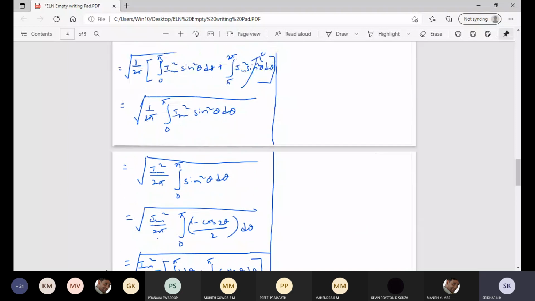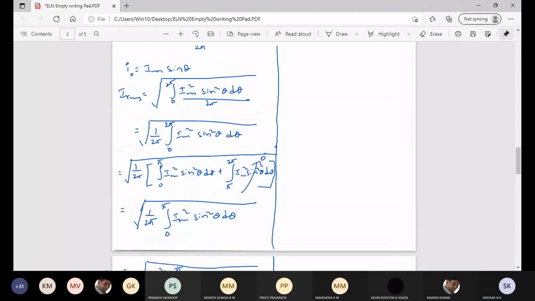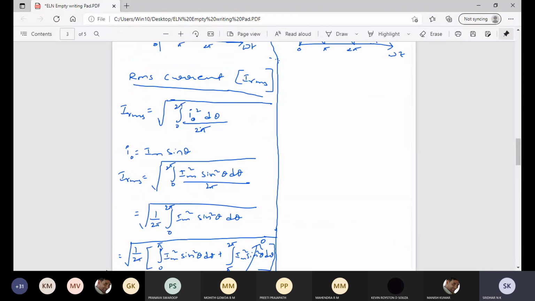Once you are familiar with finding one term, the other term will be very easy. That is, if you want to find VRMS, just replace I by V. Wherever I is there, just replace I by V. So that becomes the VRMS derivation. Clear?